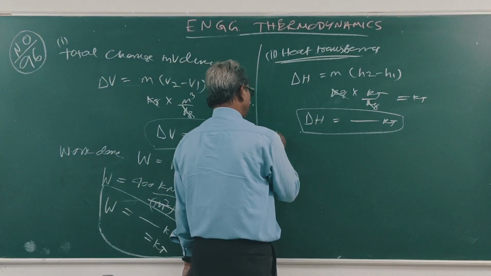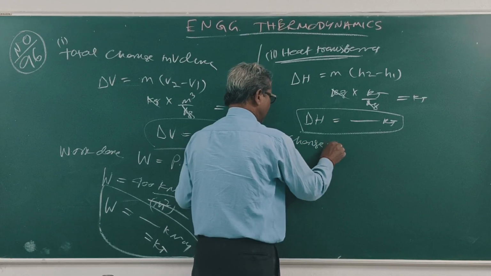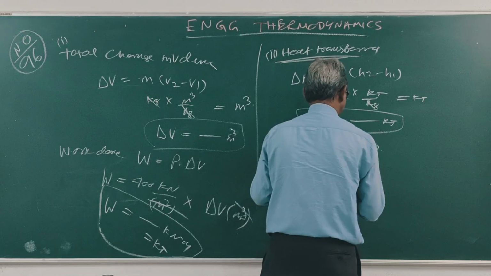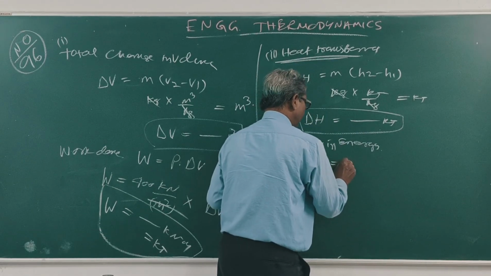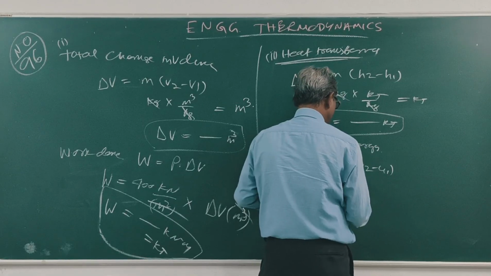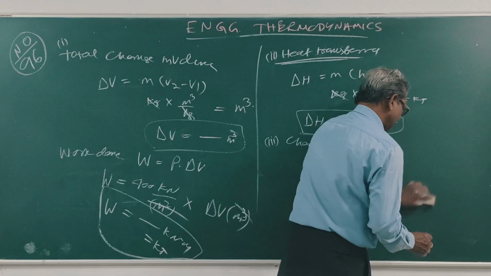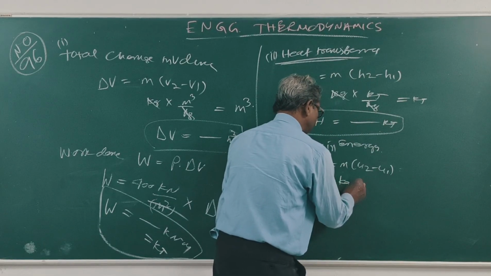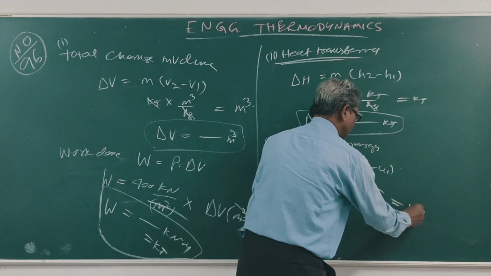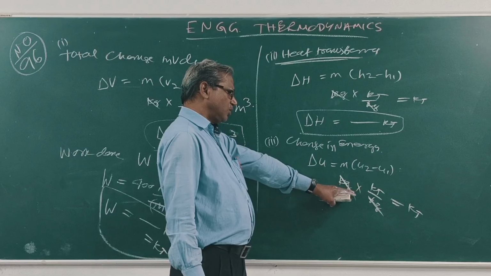Next, change in energy. Number 3, change in energy. Delta U is equal to m into U2 minus U1. M is in kg, U is in kilojoule per kg.